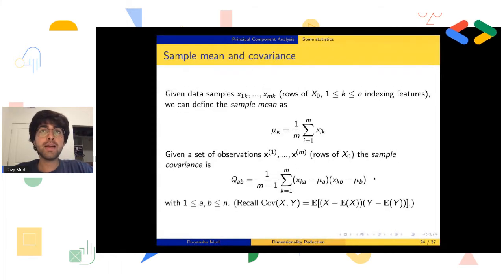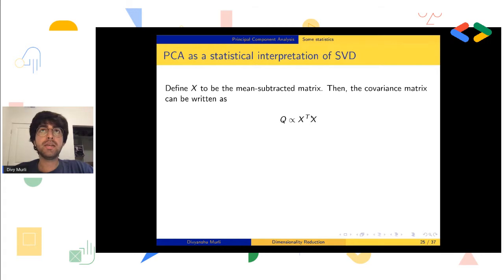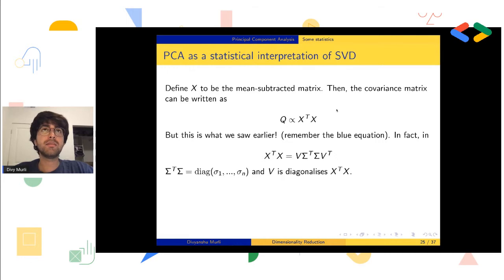So we can rewrite this equation in terms of our data matrix x. And remember that blue equation I flashed towards the beginning of this presentation? That was this guy right here. This x transpose x, up to that factor m minus 1, is the sample covariance. The right singular vectors of x are the vectors that diagonalize x transpose x.